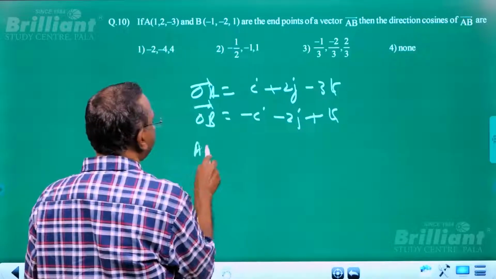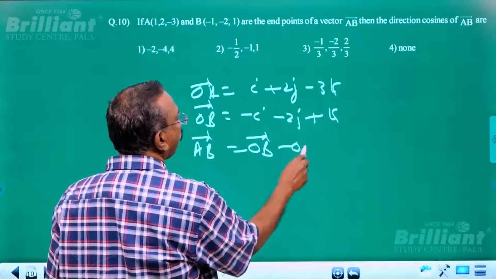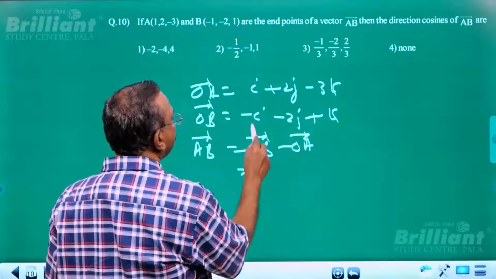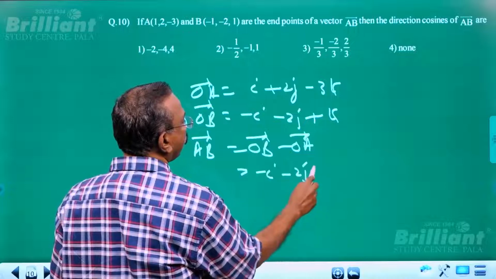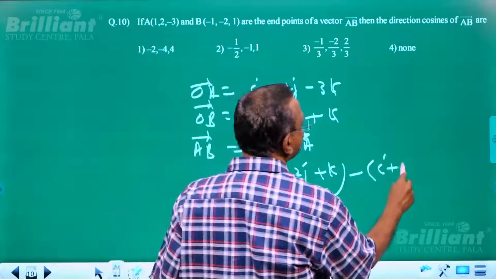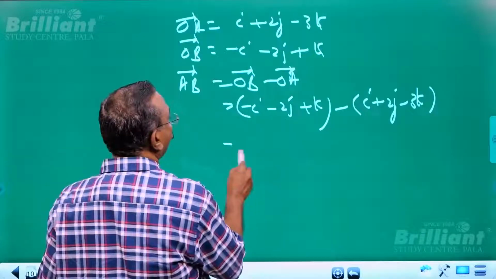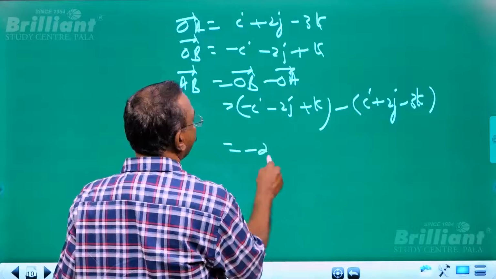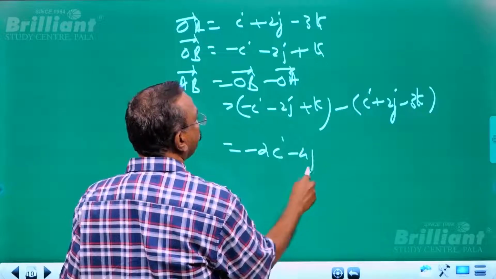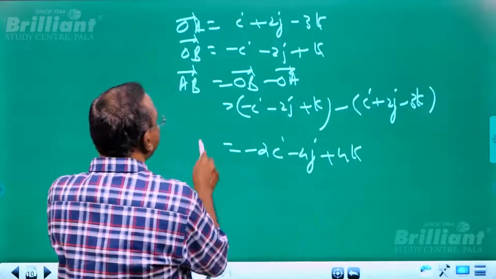So, vector AB is vector OB minus vector OA. We can subtract: minus i minus 2j plus k minus of i plus 2j minus 3k, which is equal to minus 2i minus 4j plus 4k. So, this is vector AB.